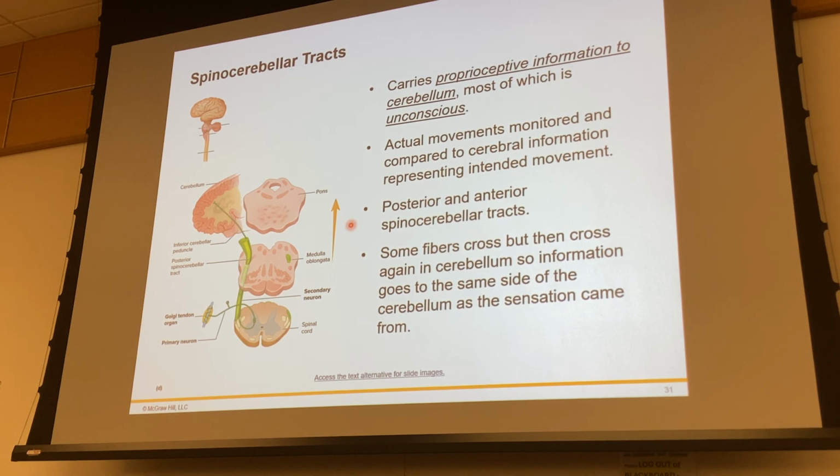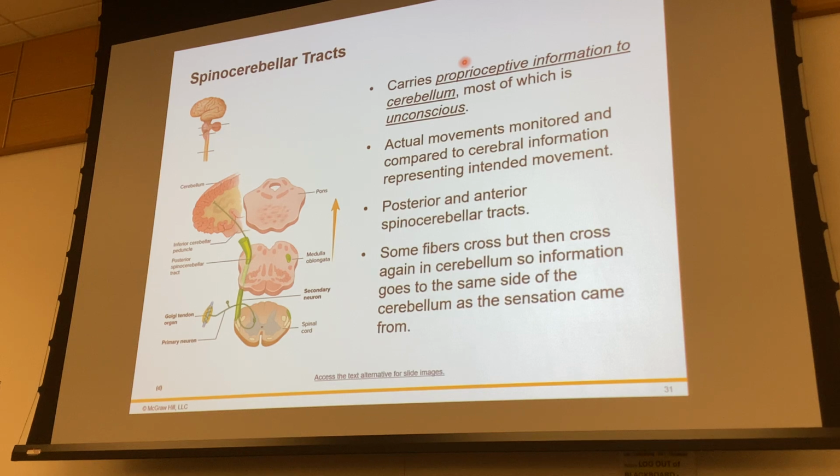Now, how is the cerebellar information different than the thalamic information? The thalamic information is particularly associated with sensory structures that are not related to movement. The cerebellum is focused on movement and balance. So proprioception is where the spinocerebellar tract will send signals.